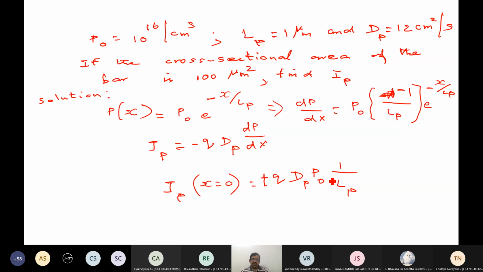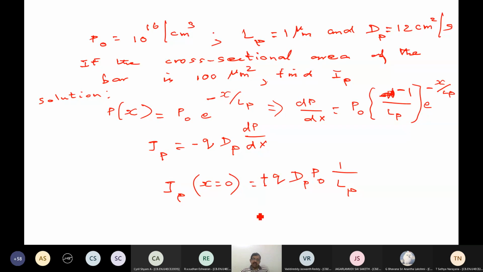I request you to use, for this course, centimeter always for length. If you use micrometer, then you have to ensure that Dp is in meter square per second. Since Dp is given as 12 centimeter square per second, make sure that you use centimeter. So 1 micron becomes 1 into 10 power minus 4 centimeter.